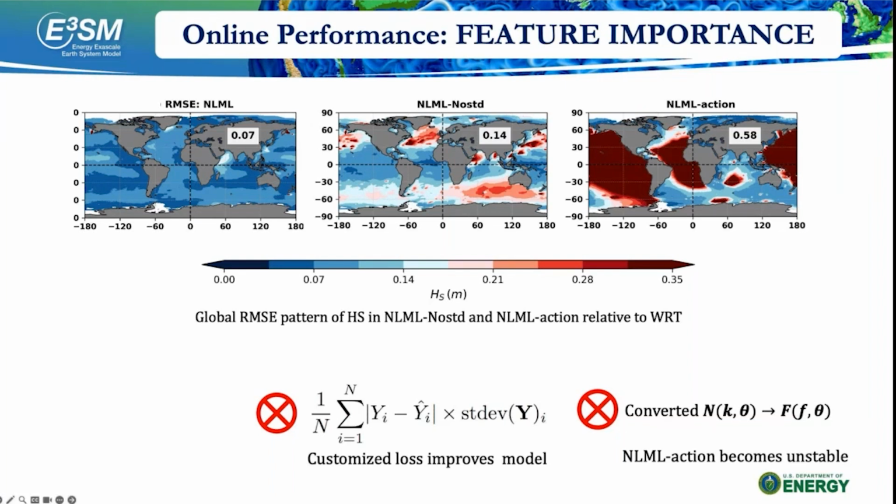And also, I mentioned that we converted from action density in wave number direction space to spectral energy in frequency direction space, because the WRT was actually developed in frequency direction space and using spectral energy. That's why we did that, and that's also what the DIA did. They also approximated that in the frequency direction space.